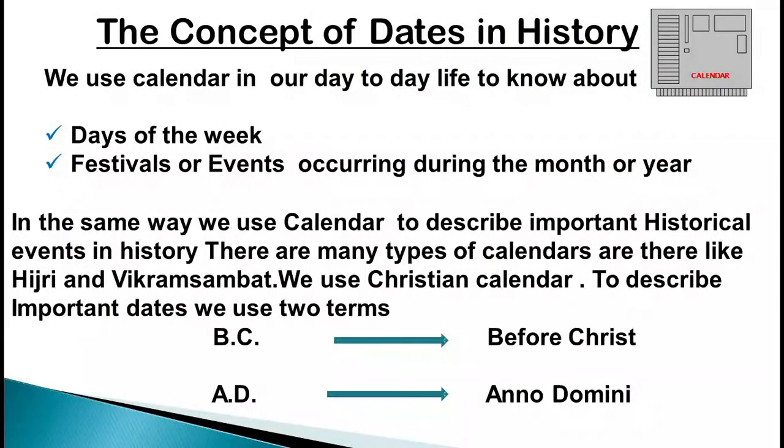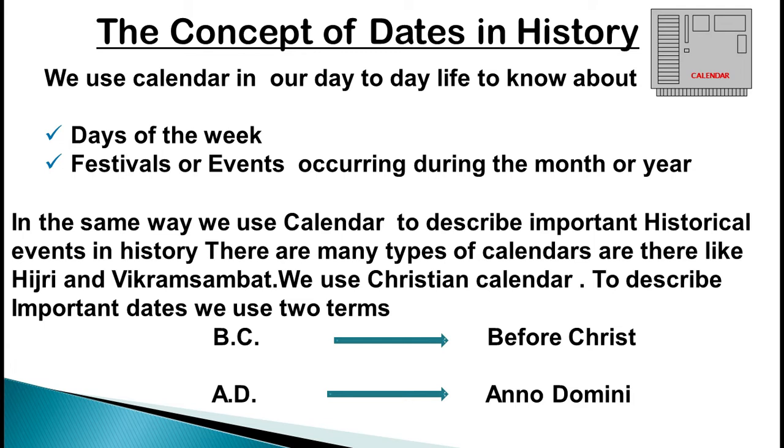Dear students, now let's try to understand the concept of dates in history. We use a calendar in our day-to-day life to know about days of the week, festivals or events occurring during the month or year.